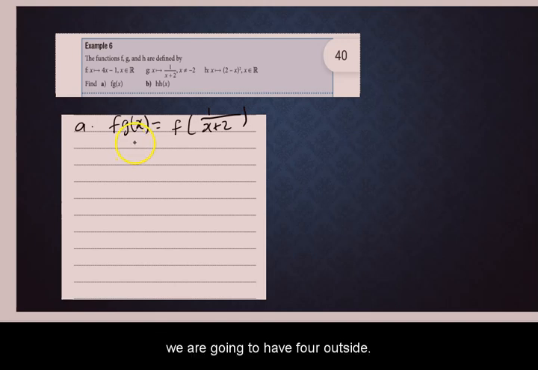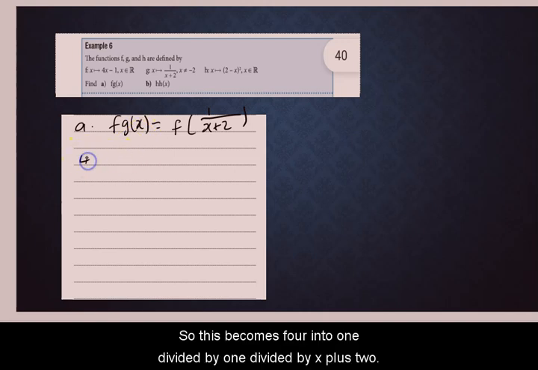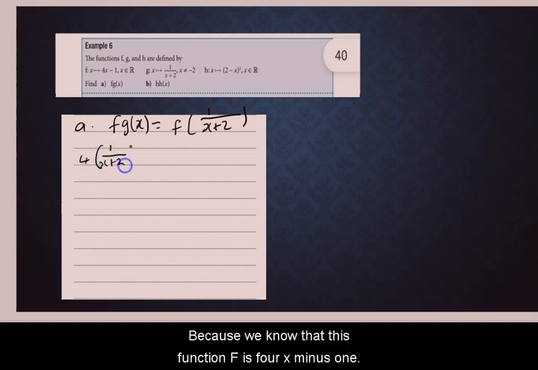Applying the functions, we are going to have 4 outside. So this becomes 4 into 1 divided by x plus 2, because we know that this function f is 4x minus 1.